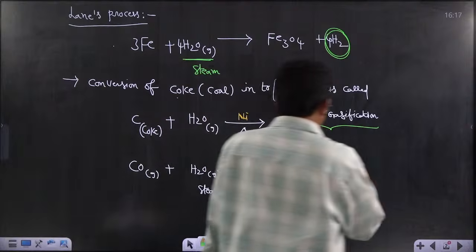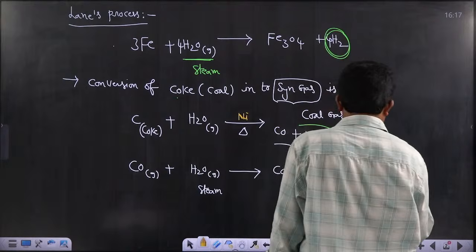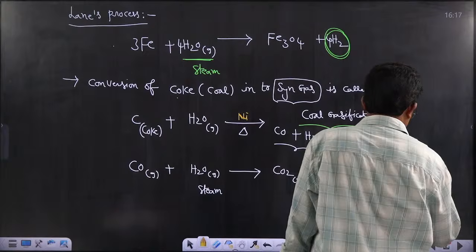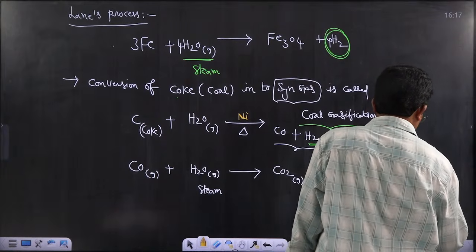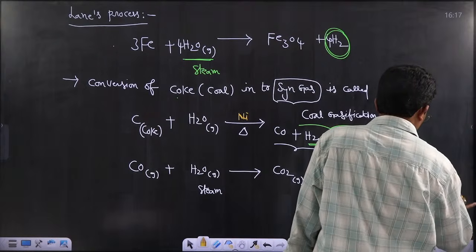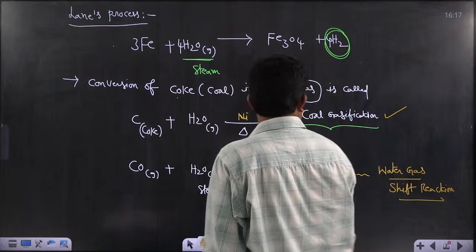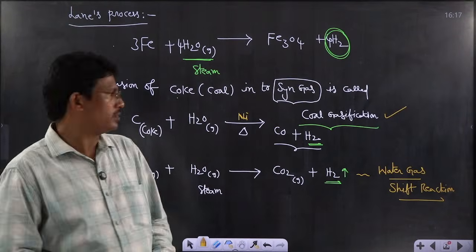The name of this reaction is the water gas shift reaction. Here two important reactions are there. First one is coal gasification, another one is the water gas shift reaction.